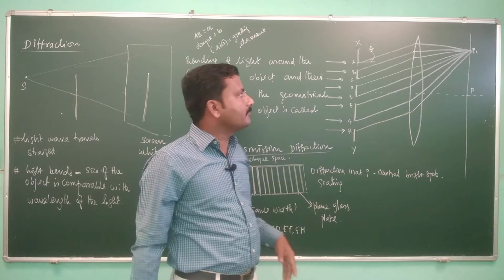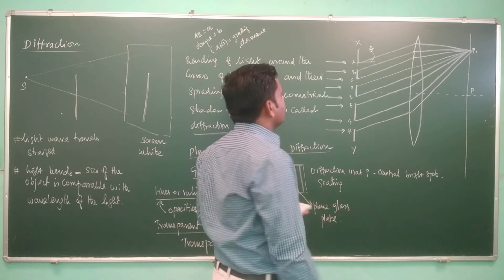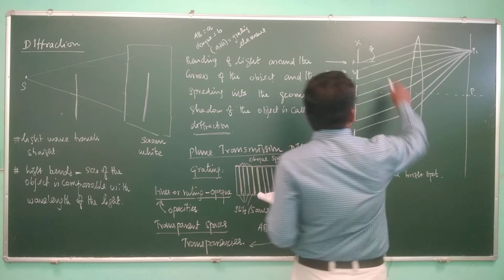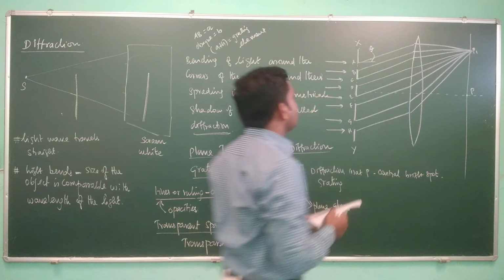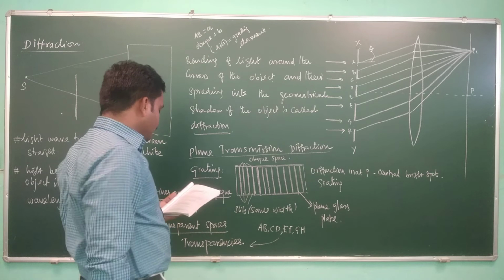When there is a path difference, there will be a phase difference. So this is the angle of deviation from the straight line, theta.